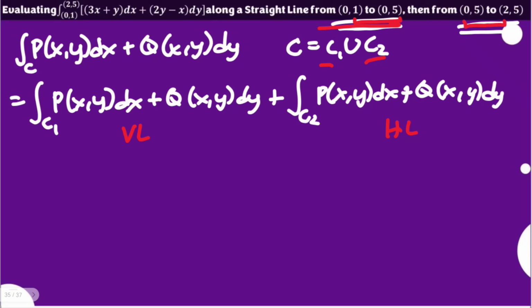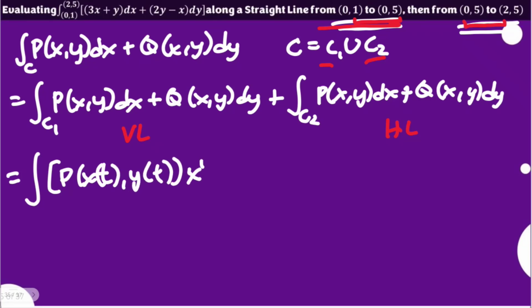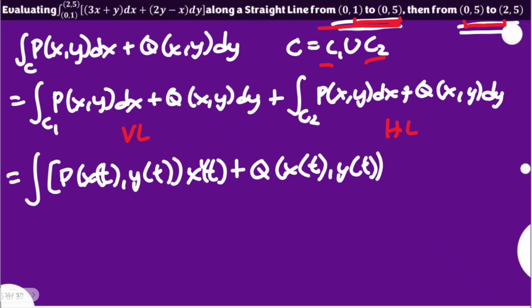Now, of course, both of them will just be similar to this one here. This form, you have P of x of t, y of t, times the first derivative of x of t, plus your Q of x of t, y of t, times the derivative of y, dt, from a to b.